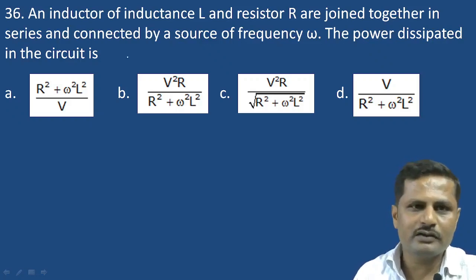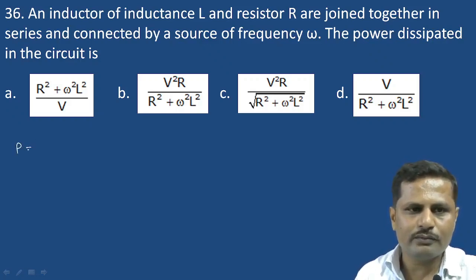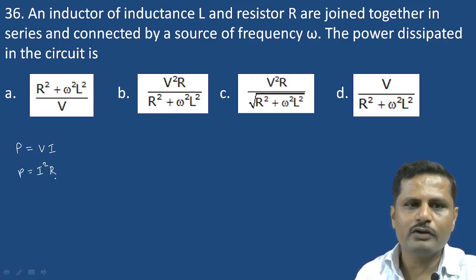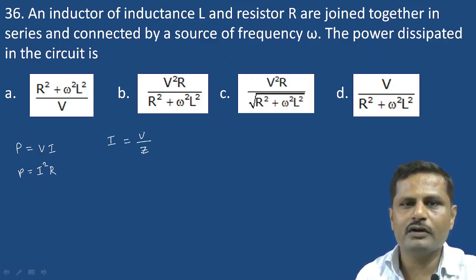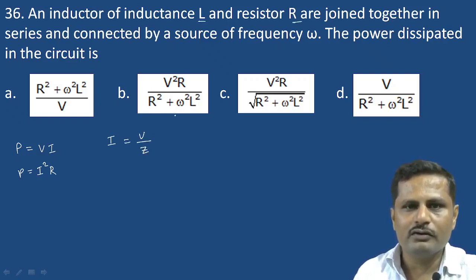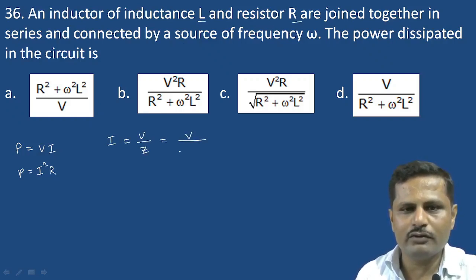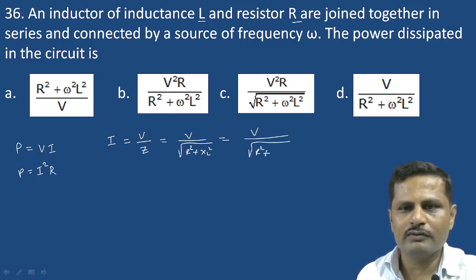The power dissipated in the circuit is... As you know, power is equal to VI, and V equals IR, so P equals I square R. Here I is equal to V divided by impedance Z. This is an LR circuit, so Z equals root R square plus XL square, which is root R square plus omega square L square.